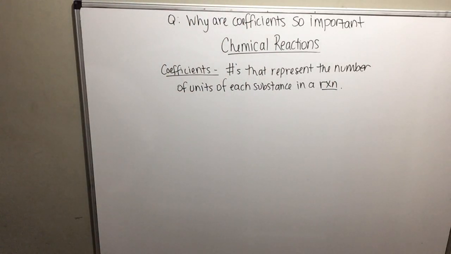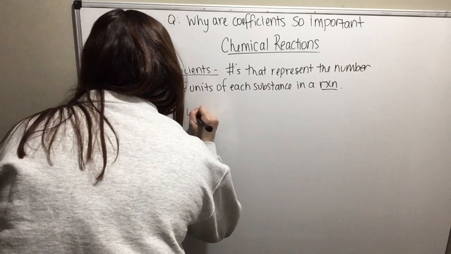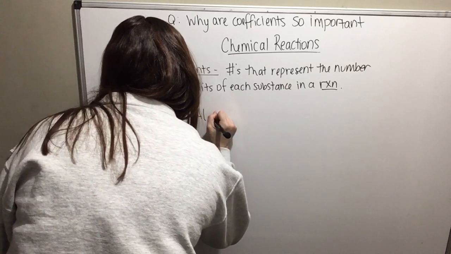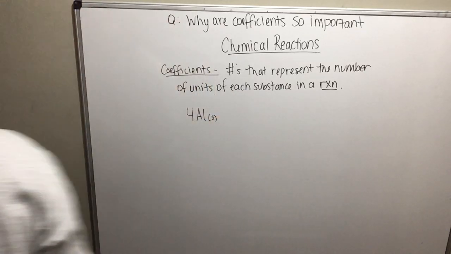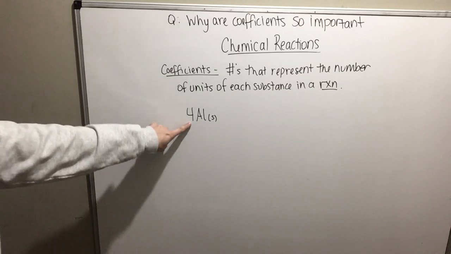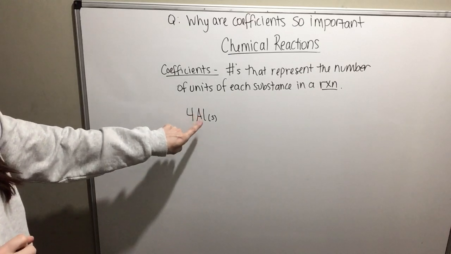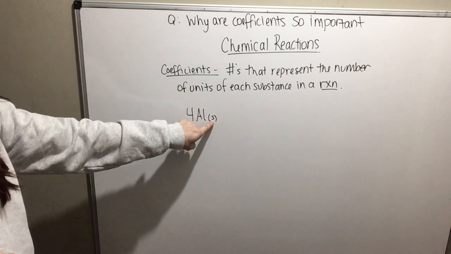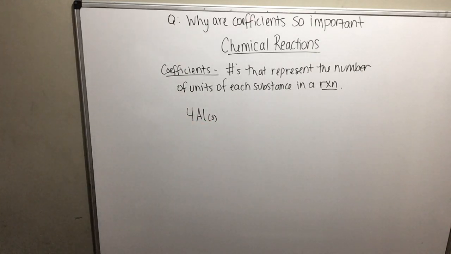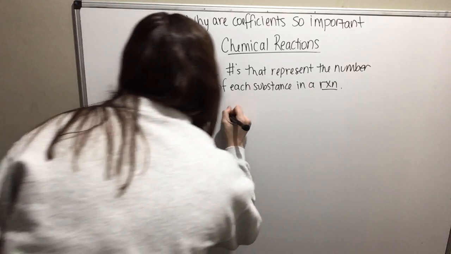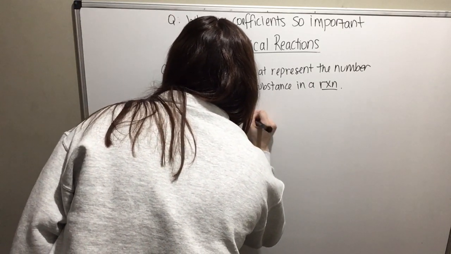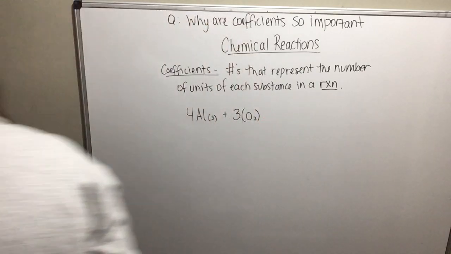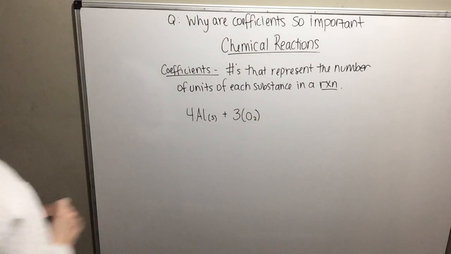Okay, so let's draw one of these. Let's say we have 4 units of aluminum in solid form. Does everybody see that? 4 is the coefficient. That means 4 units of Al, which is aluminum. Aluminum in solid form. Solid is in parentheses there. So 4 units of aluminum in solid form plus 3 units of oxygen.